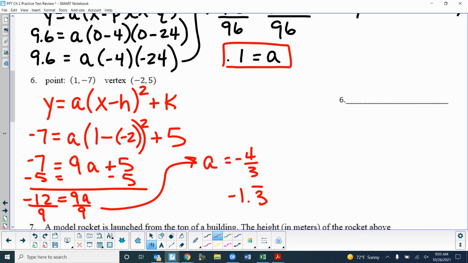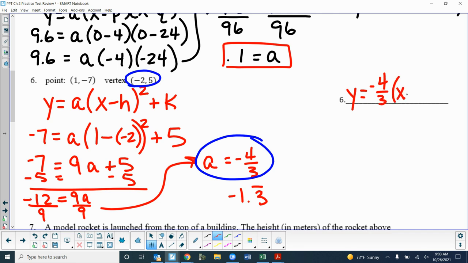All right, so now what I'm going to do is substitute this for a and this for h and k. I'm going to leave my x and my y as x and y when we write the equation. So, y equals a times the quantity x minus h, which was negative 2, so I'm going to write it as plus 2 squared plus k, which was 5.